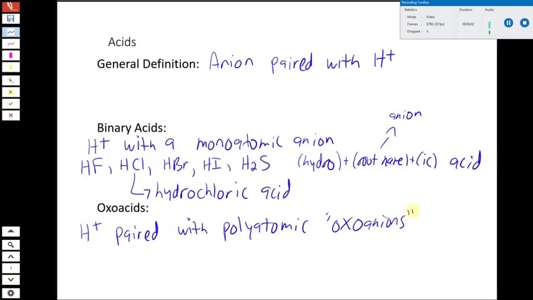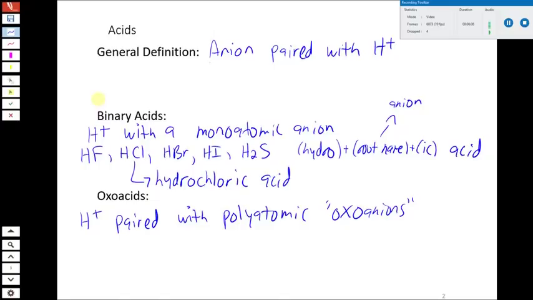Most of the common anions, like the one we talked about last time when we were doing Lewis structures, NO3 minus, nitrate, that's an oxoanion, nitrogen at the center surrounded by oxygen. There's sulfate, which is sulfur with oxygen, sulfite, which is sulfur with a different number of oxygens. All those are in those tables you have to learn, and those are all called oxoanions. And if those oxoanions are paired with H+, so they're negatively charged and they have H+ balancing the charge, those would be classified as oxoacids.